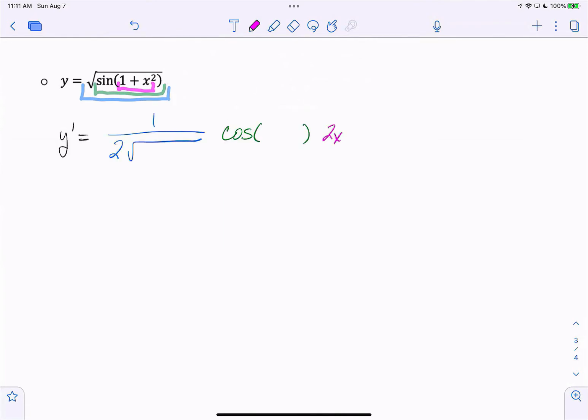I want to make sure that this is followed by everybody, so I'm going to walk through this. The derivative of the square root function is 1 over 2 times the square root. The derivative of the sine function is the cosine, so we have a product. And then the derivative of 1 plus x squared is 2x. What was inside the cosine function is 1 plus x squared, not changing.